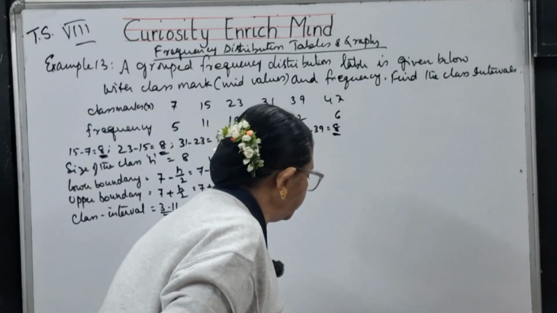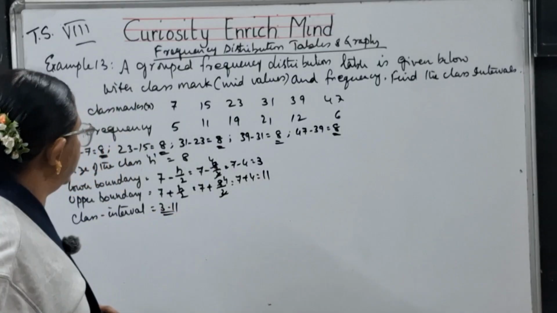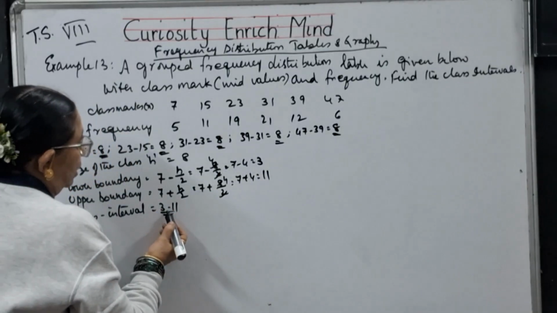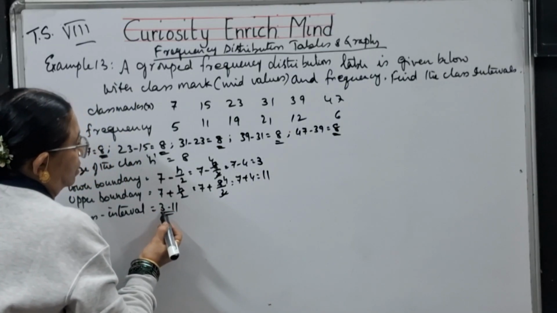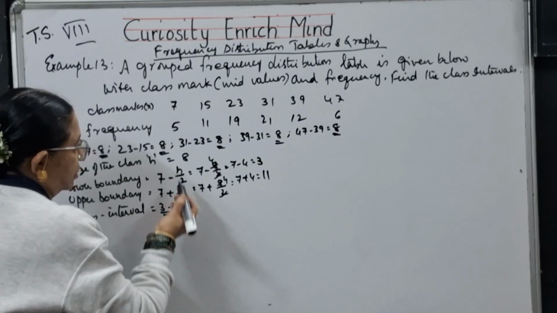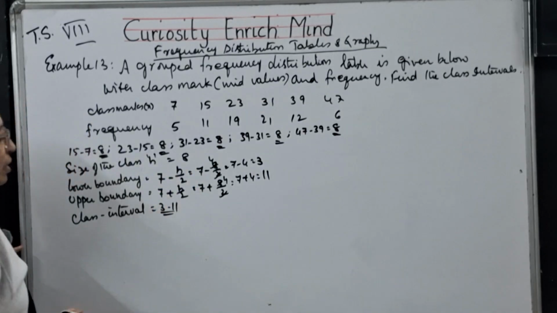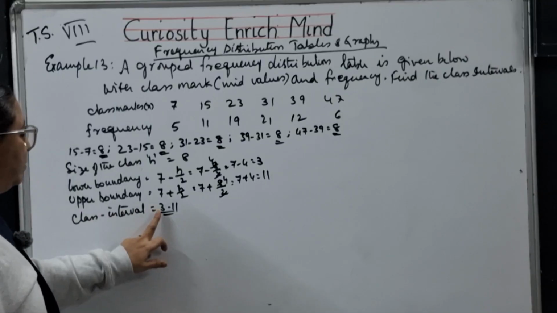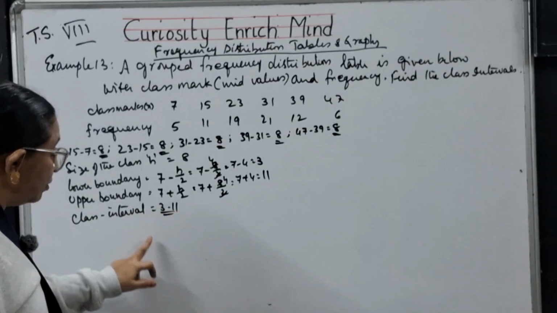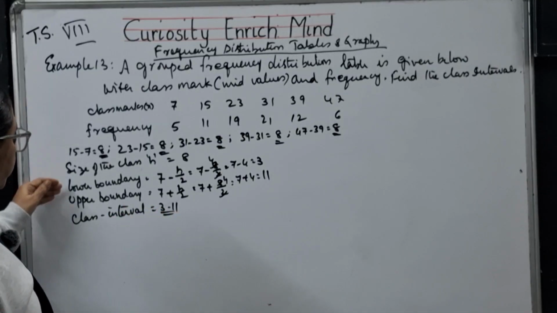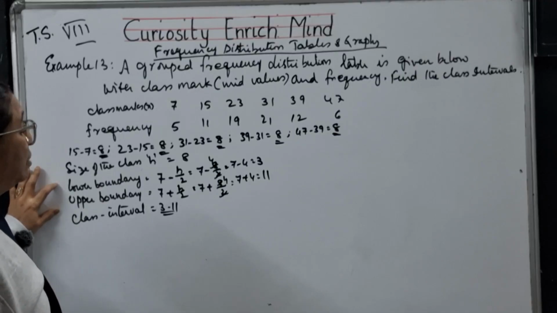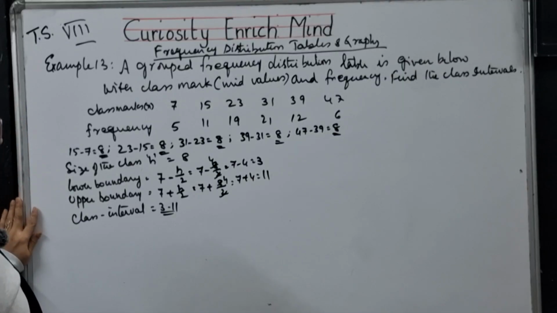So in 3 to 11, what is the gap, children? 3 and 11, the gap is 8. The size is 8, so 3 plus 8 is 11. Then it continues from 11, because I am talking about boundaries, so it is an exclusive type of class interval.